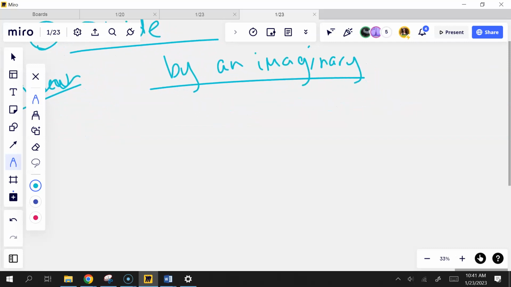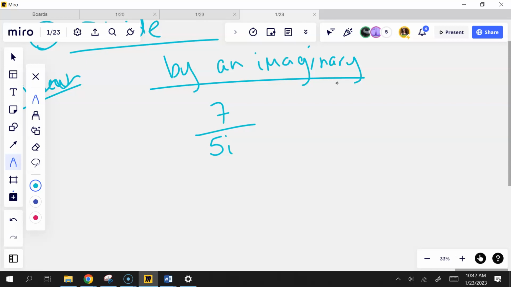If I divide by an imaginary, so let's say I have 7 over 5i. Tell me what's the problem? Why can't you divide that? What about the denominator? It's got not just a variable, but an imaginary. But an imaginary is a radical, right? And I can't have a radical in the bottom.